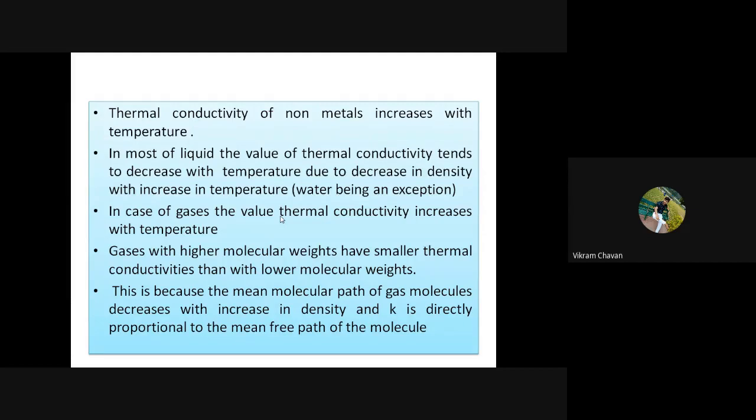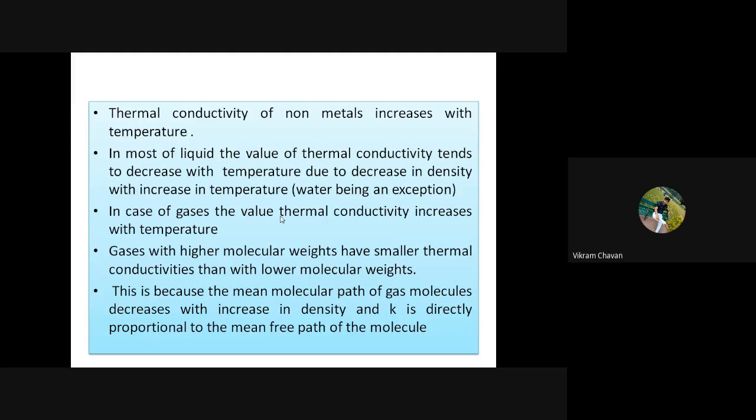First, let us understand molecular path or free path: the distance traveled by a molecule between two collisions.